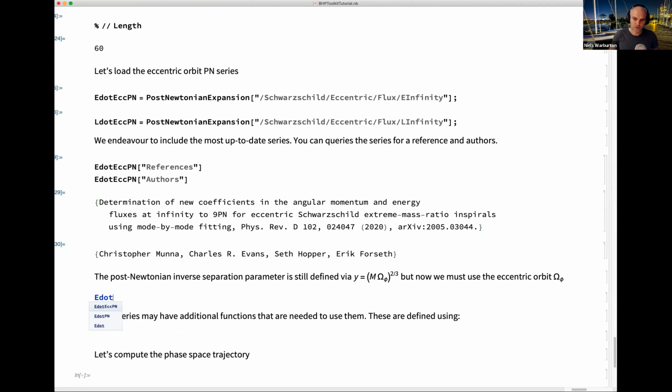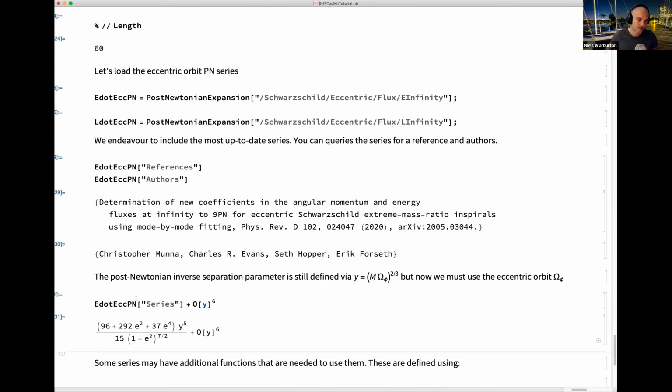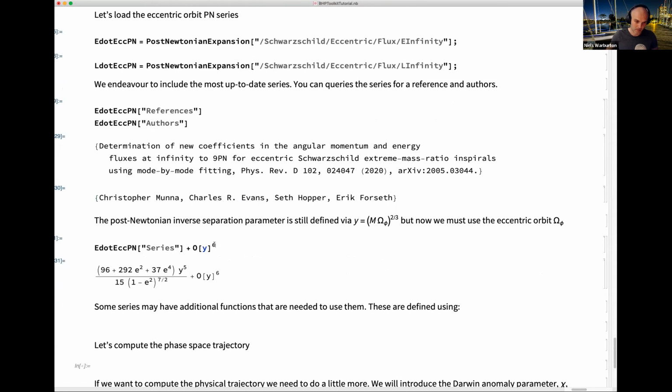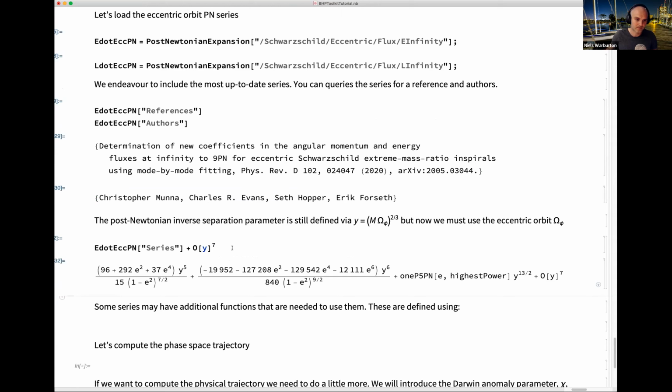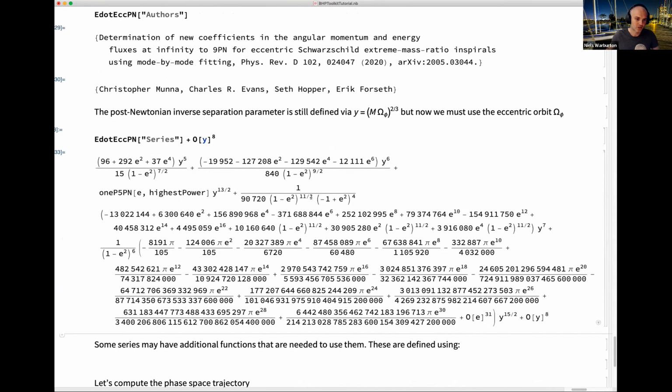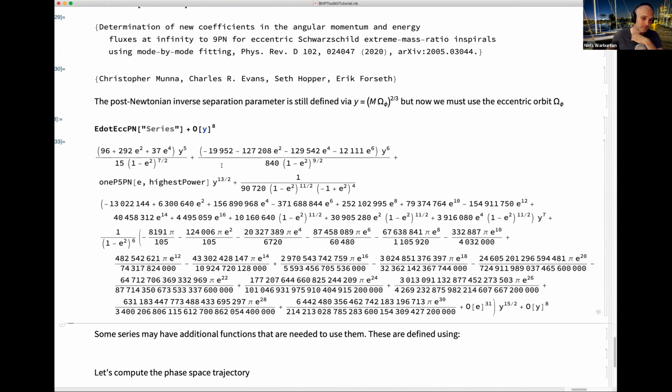Just as before, we can query the PN series to actually get the series itself. And just as before, this series is absolutely vast. In fact, it's even more vast because now you have an expansion in eccentricity as well. So that's just the leading term, but very quickly it'll start to get quite large. Just the first 3 terms are already pretty big.